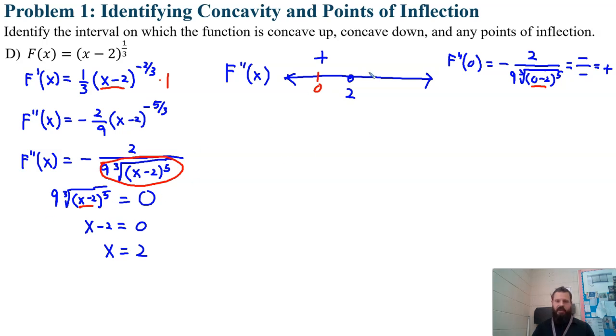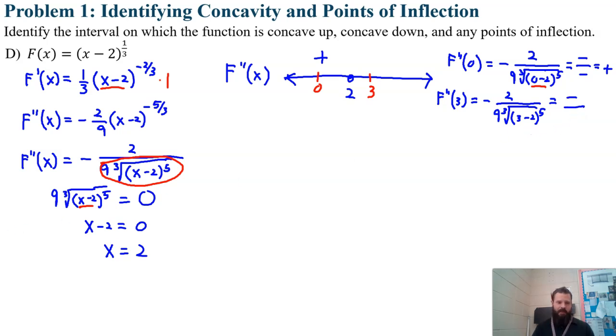And then we can do the same thing with another point above 2. Probably the easiest number to go with will be a 3. We can look at f double prime of 3. So negative 2 over 9 times the third root of 3 minus 2 to the 5th. We'll connect this negative with the numerator once again.